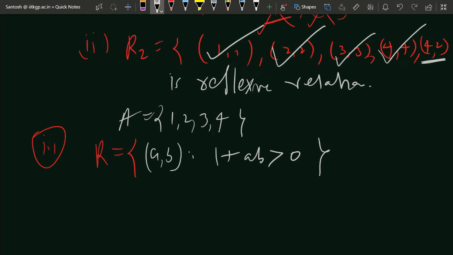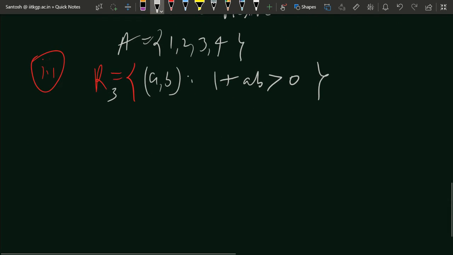Now you tell whether this relation is reflexive or not. Yes, sir, reflexive. How do you see that? If we take a as 1 and b as 1, the condition will be satisfied. Similarly, if we take 2, 3, and 4, it will be satisfied.